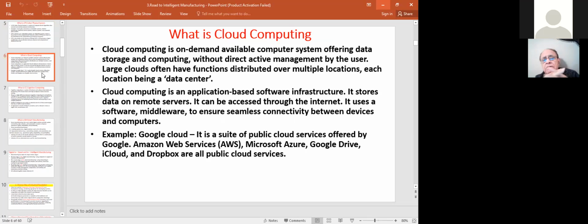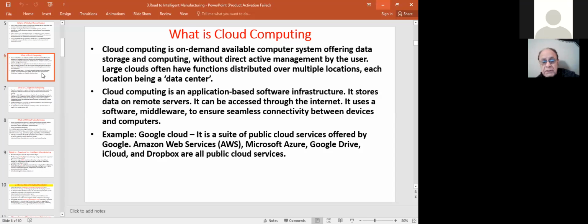Now, what is cloud computing? Some computing is done right at the machine level. Some computing is done through the internet in a control room of that machine hall or a production hall. But there is a bigger available computer system that is called cloud computing.